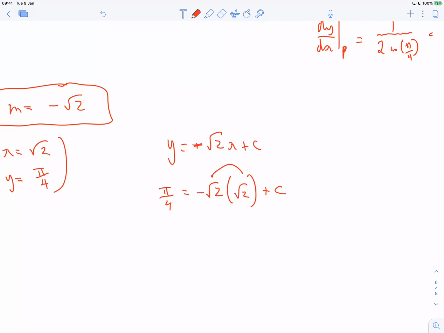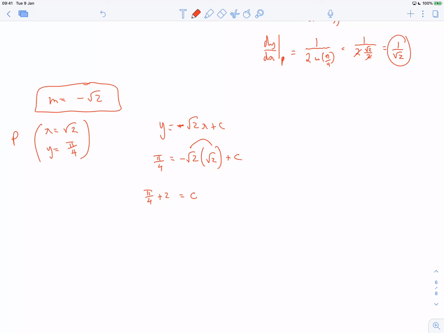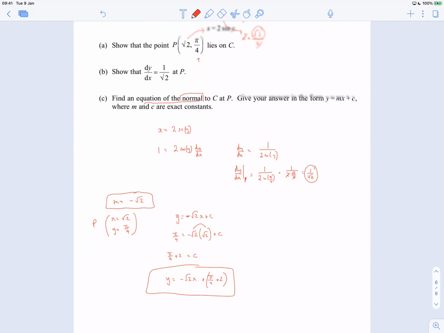Root 2 times root 2 is just 2, so if I add 2 to both sides, then pi over 4 plus 2 equals c. So we're actually going to get y equals negative root 2x plus pi over 4 plus 2. And that will be the equation of your normal at the point P.